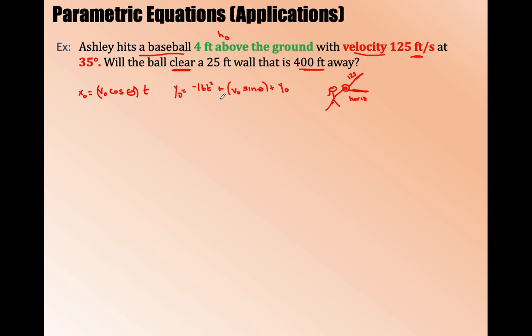And much like the Ferris wheel problem, we're going to consider the horizontal initial position to be a 0 position at time 0. So from time 0, the ball is just going to continue in this direction horizontally. But vertically, once it leaves the bat, it's going to follow some parabolic path.